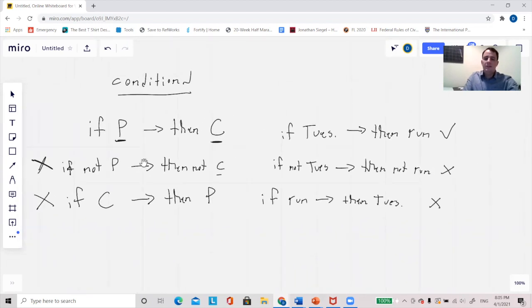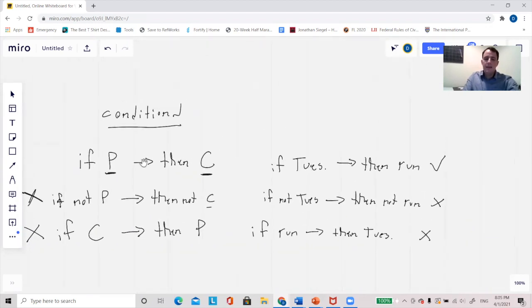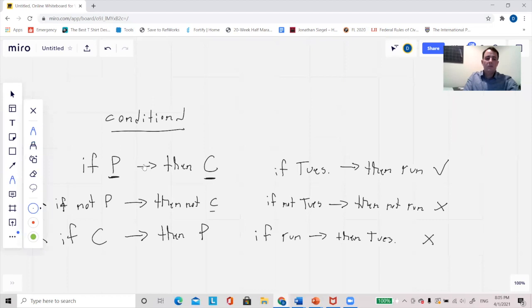Another way to envision conditional statements like this is as a Venn diagram, where I have a circle of all the instances of C, my conclusion, and all of the instances of P exist within that larger circle. That way, if something exists within this condition, then it must exist within this condition as well.